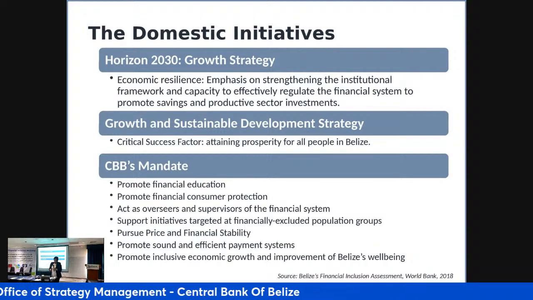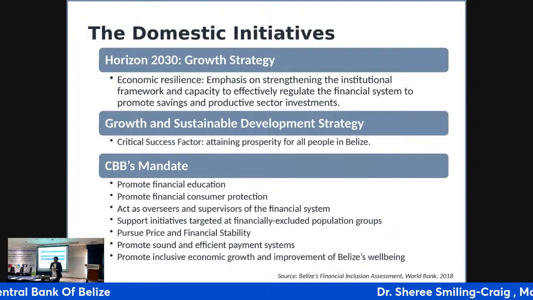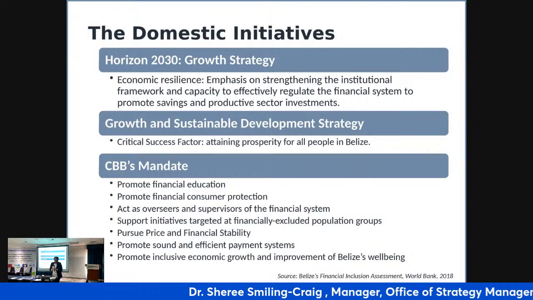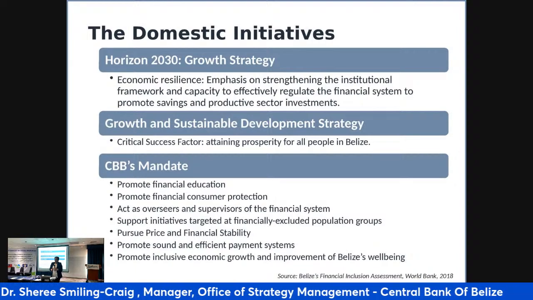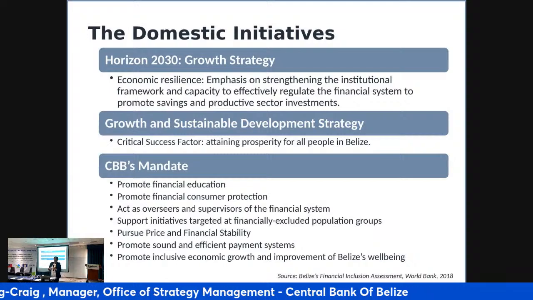We act as overseers and supervisors of the financial system, and that's Ms. Diane's role. She's the manager of the supervision department at the central bank, and they oversee the work of the commercial banks, the credit unions, and money lenders.